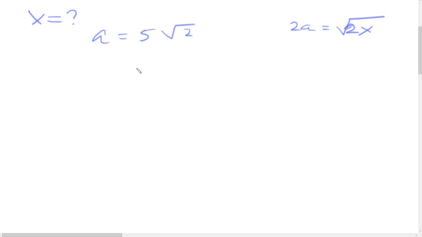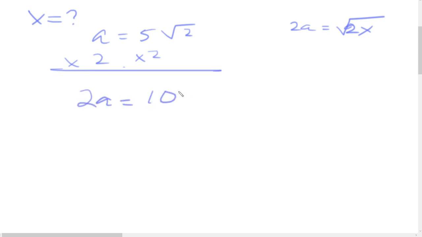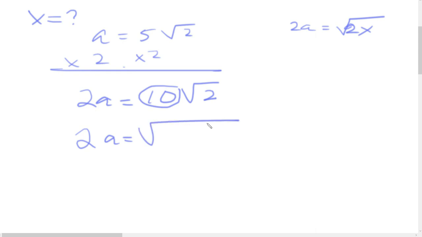So when I multiply this a by 2, multiplying both sides by 2, 2a is equal to 10 square root of 2. So 2a is equal to, and if I put this 10 inside the root, basically all I have to do is square this, so that's 100. So square root of 2 times 100. So 2 times x, meaning x has to be 100.